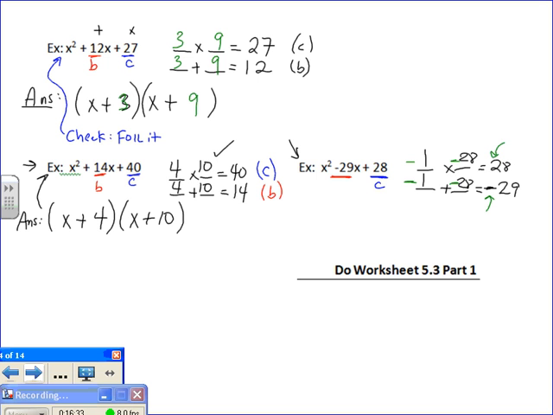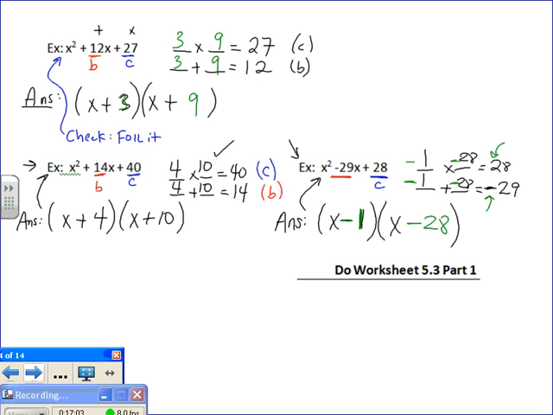So I write it out as a product of binomials, and I have x minus 1. Let me use a different color just to show you. So that whole term is going to go in there. So it's x minus 1 times x minus 28. There's my other term, and there's my answer. If I wanted to check, I could FOIL it, and it will give me this again.